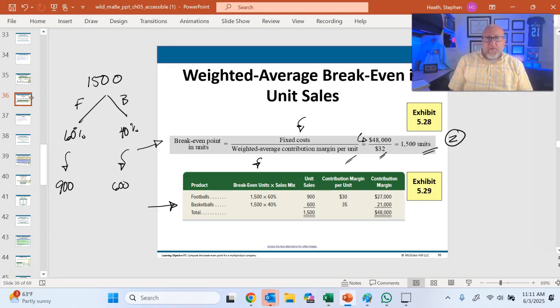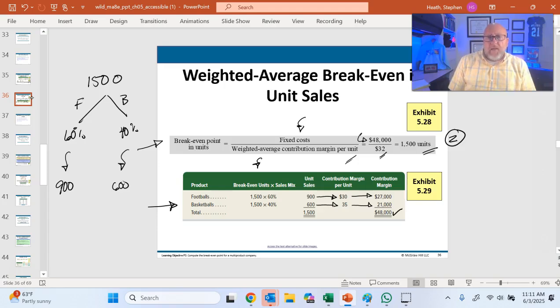And then if I sold 900 footballs and my contribution margin per football was $30, I would make $27,000 off the sale of footballs. Alternatively, 600 basketballs at 35 apiece gives me 21,000 in total contribution margin. 27,000 from footballs plus 21,000 from basketballs is a total of 48,000.